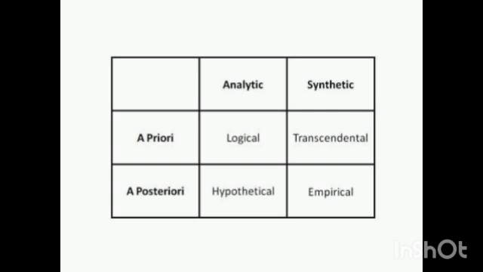Another type is not true merely in virtue of the logical or syntactic form, but we must also take into consideration the relevant meanings of the constituent terms of the statement, right? So, for example, a very common example: all bachelors are unmarried men, unmarried male human beings, if you wish.